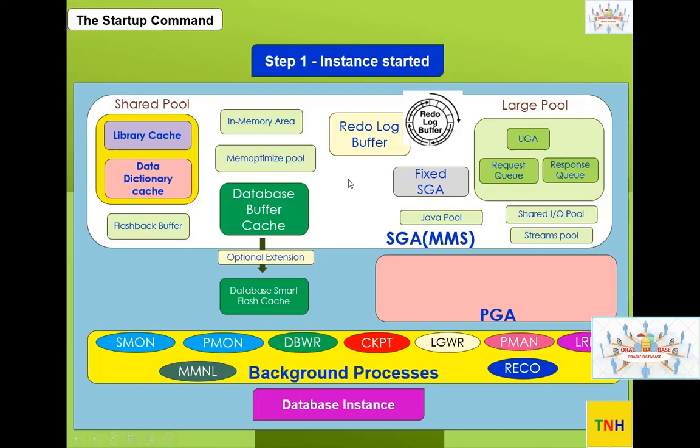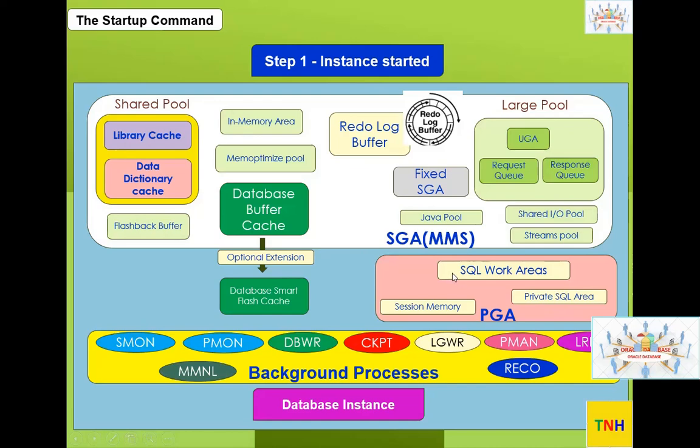So let's continue, and then the PGA component. PGA is also within the instance, but it is not in the SGA. SGA is a totally separate thing. We know that now. PGA is another memory structure. So within the PGA, this is shared, this is not shared, this is unique.